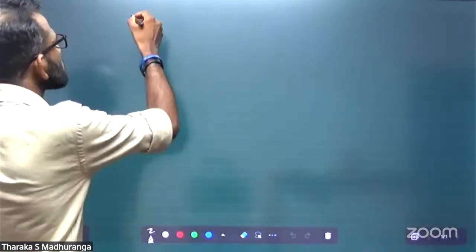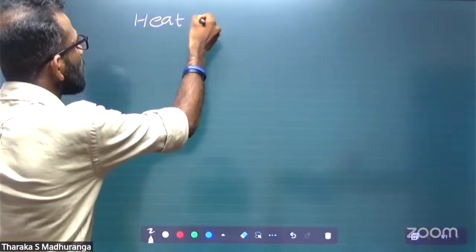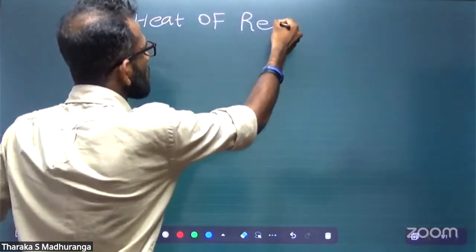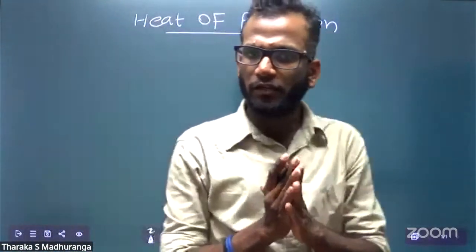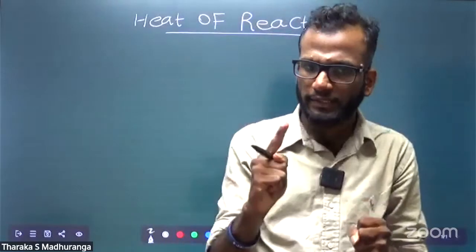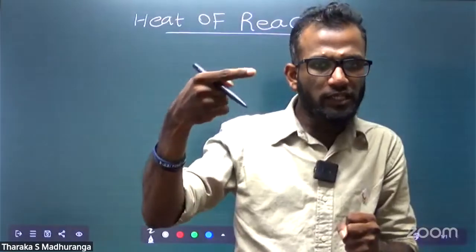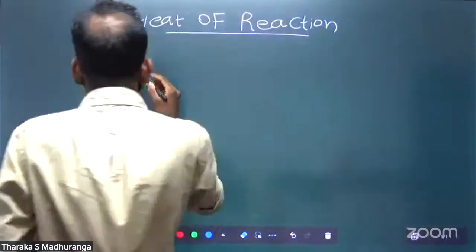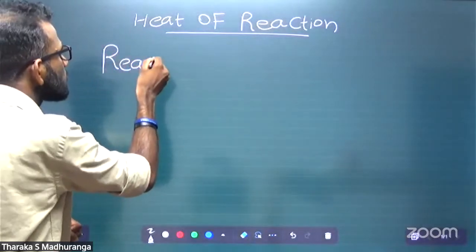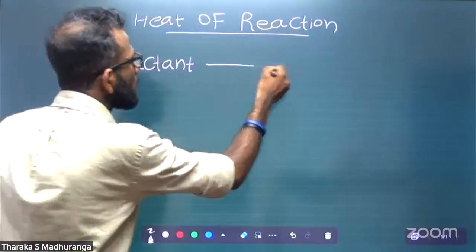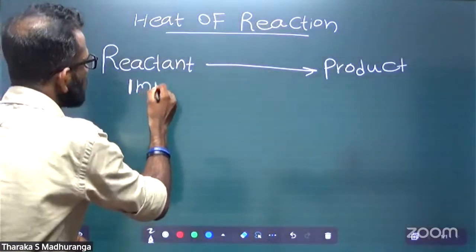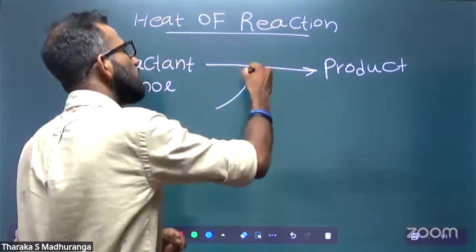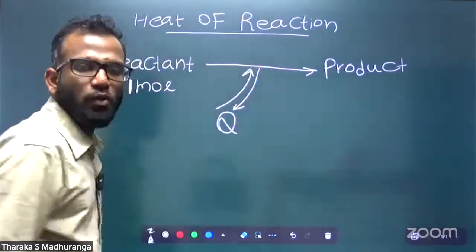What's the meaning of heat of reaction? The heat of reaction means, while reacting 1 mole of reactant in the balanced equation given, 1 mole of reactant converts into product, the amount of heat absorbed or released, that we call Q, the quantity of heat.